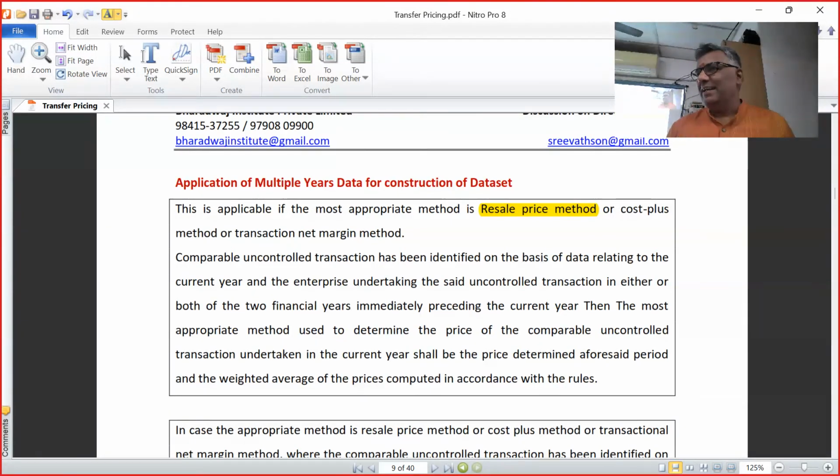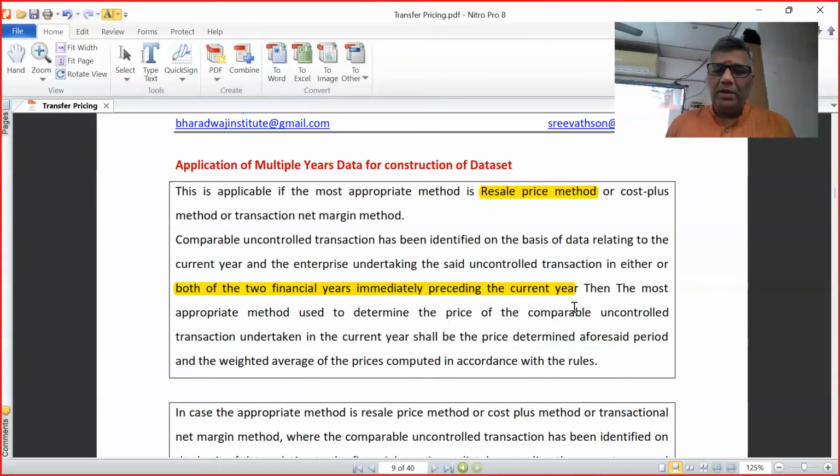That's why he said in India the profit split method is rare. The comparable uncontrolled price is identified on the basis of data relating to the current year and both of the 2 financial years immediately preceding the current financial year. So wherever data is not available for 1 year and there is more variation, the data set construction can also be done by taking the last 2 years' data.